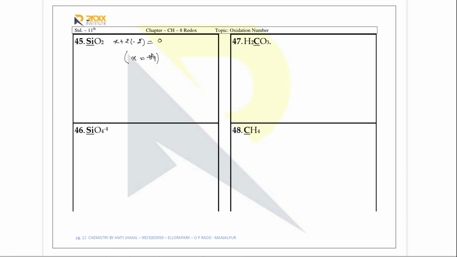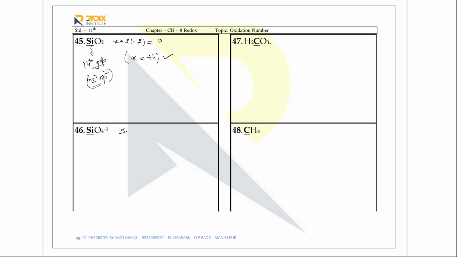If you want to verify whether the calculation is correct or not, silicon is of 14th group and 14th group is ns2 np2. Outer shell it has 4 electrons, so maximum oxidation state can be +4. Our calculation is correct.